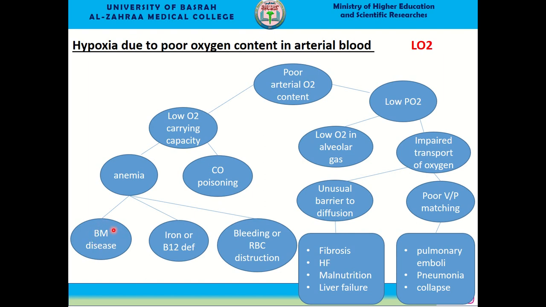So any bone marrow disease like myelofibrosis will cause anemia, or it is due to deficiency of iron, because iron is important for the synthesis of hemoglobin, or B12 deficiency, or it is due to bleeding and loss of blood, or red blood cell destruction, for example, in the case of hemolytic anemia, such as sickle cell anemia, and in the case of G6PD deficiency, for example.